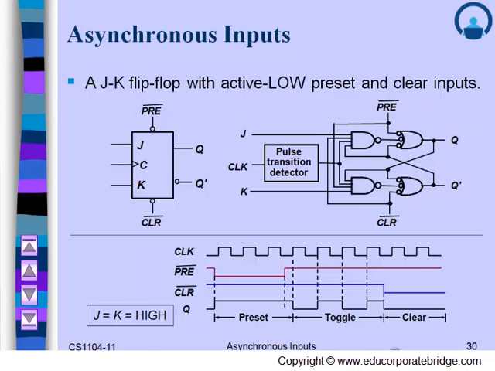So the asynchronous inputs using JK flip-flop with active low preset and clear inputs is shown in the circuit, where J input, K input, this is the clock.